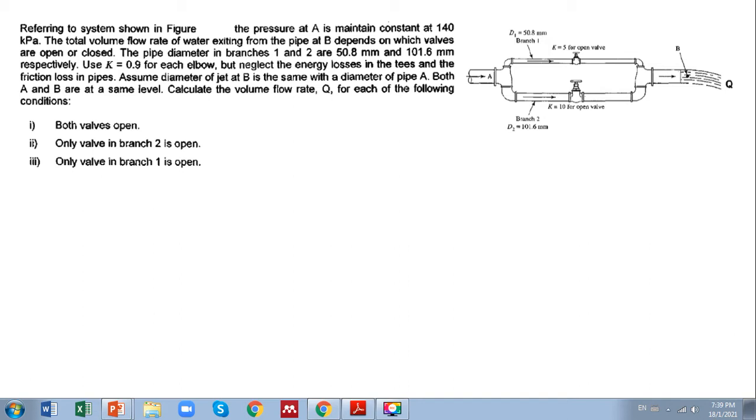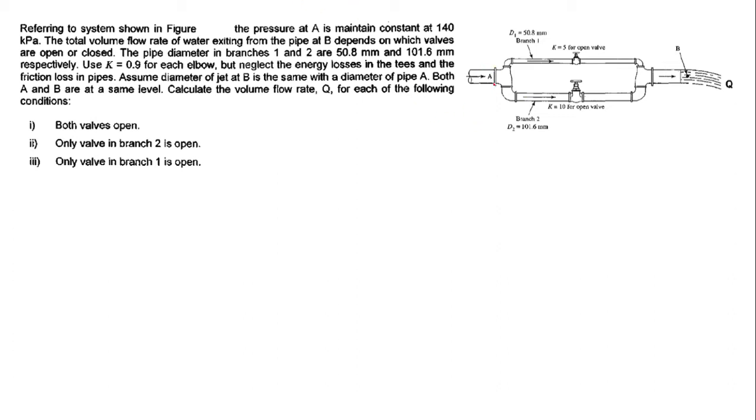Okay, so let's see, referring to the system shown in figure 1 here, the pressure at A is maintained constant at 140 kilopascal. The total volume flow rate of water exiting from pipe B depends on which valve are open or closed.